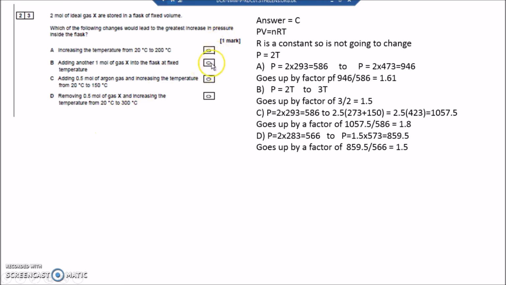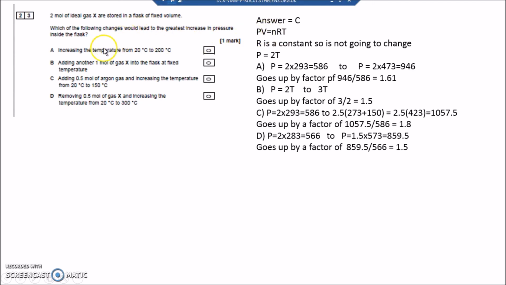Tricky question this, so I'm going to do spoilers to show you how it's done. So 2 moles of an ideal gas. So I've got, what have I got? I've got pressure times volume equals nRT. Increase in pressure. Which one's going to increase pressure? Well, I'm going to eliminate things that aren't going to change, because I don't have to work out the exact value of pressure.